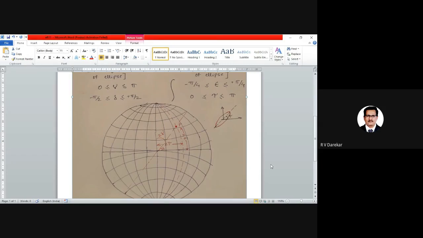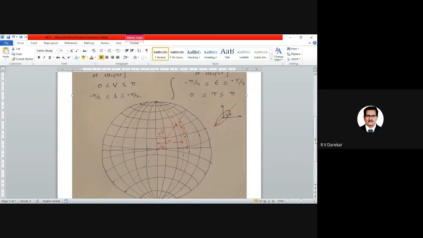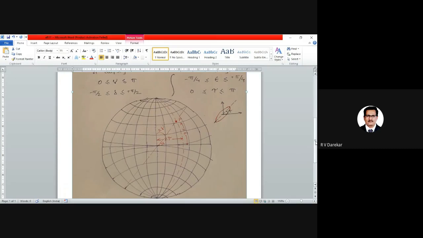But observing the similar concept, we can say that for any electromagnetic wave, to express its polarization value, we can locate point P on the sphere.